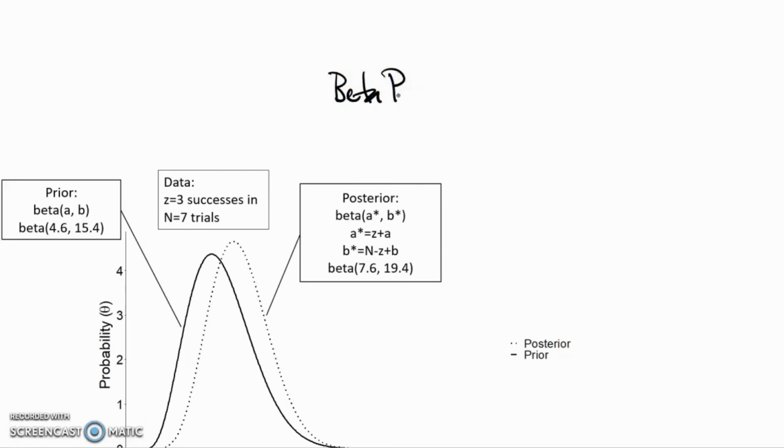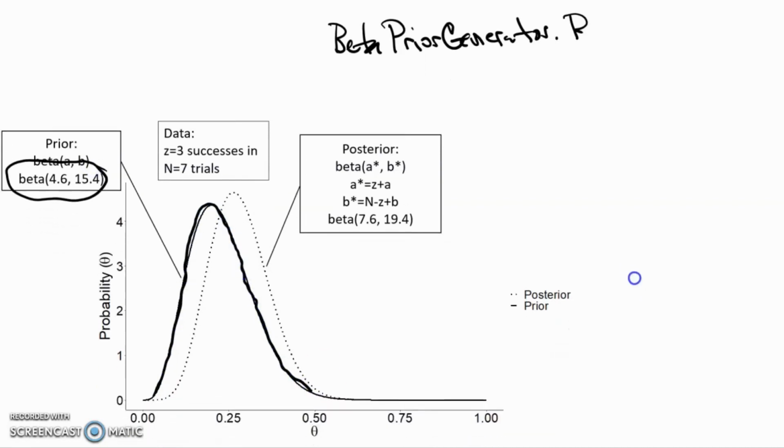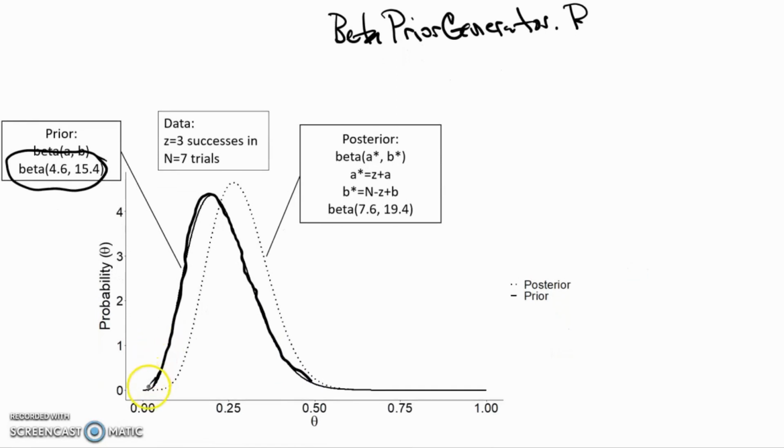And then if we want to, what we can do is go to E-class, where we've got this program, beta prior generator, and it's an R program. So we can start off with our prior, and we can visualize that and say, okay, yep, that's a good prior. That captures my thinking about what my prior beliefs are about theta.